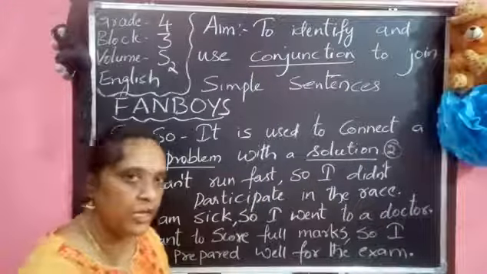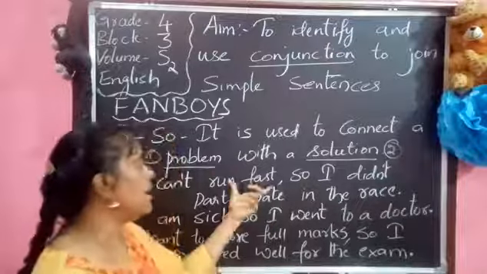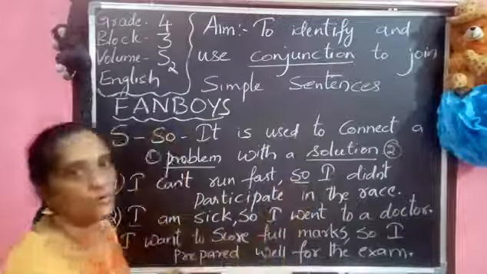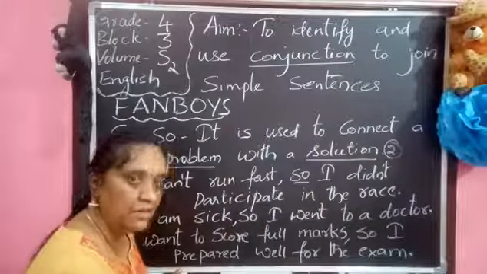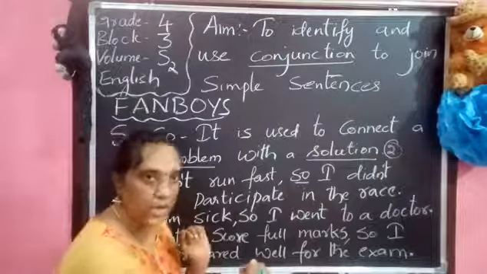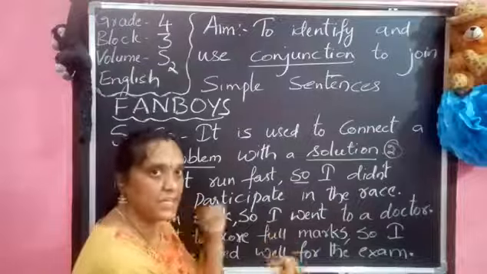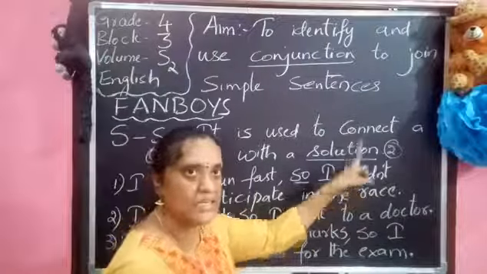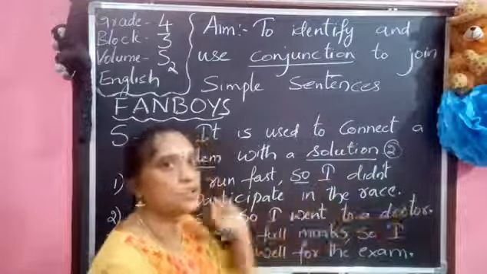Then we join them by using the word "so". Now, "so" is a conjunction which is used to join two sentences in which the first sentence contains a problem and the second contains a solution.